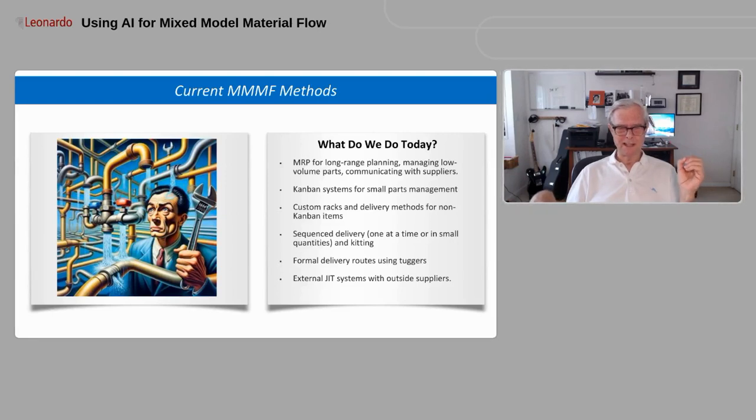It's what Toyota does. And then finally, we have the huge issue of building a JIT, just-in-time system with outside suppliers. Those could be outside suppliers locally within a certain geographic area around the factory, typically with a truck, or overseas or farther away suppliers.